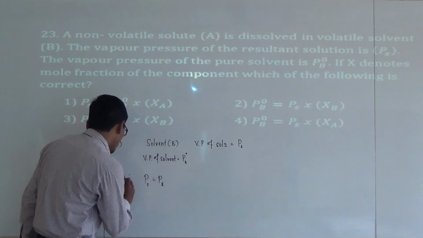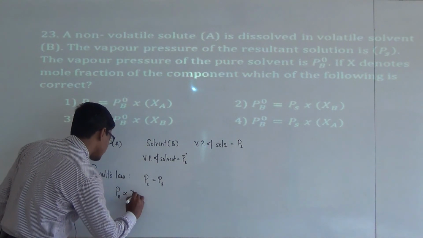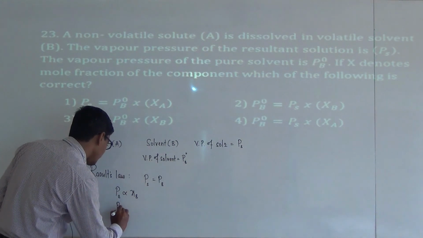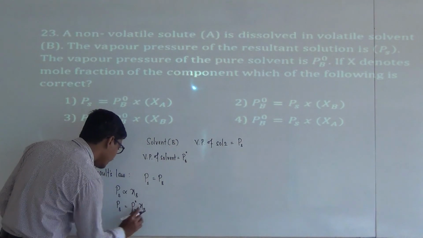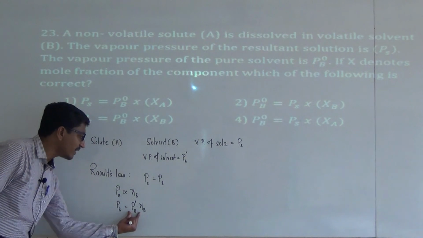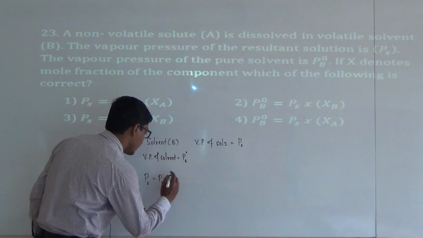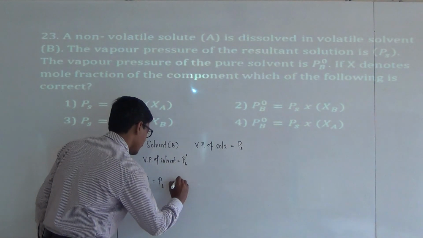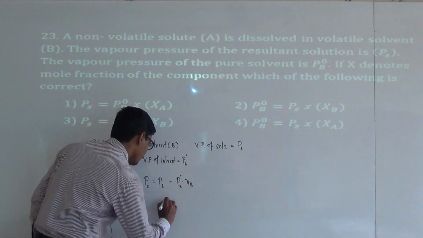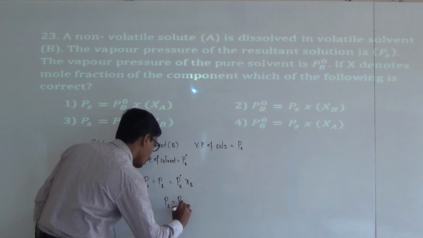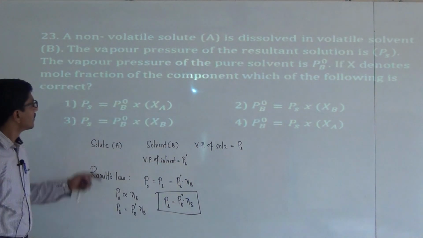According to Raoult's law, Pb is directly proportional to Xb, and Pb is equal to Pb naught into Xb. Pb naught is the proportionality constant and it is the vapor pressure of pure solvent. Therefore, Ps is equal to Pb naught into Xb. This is the correct statement.